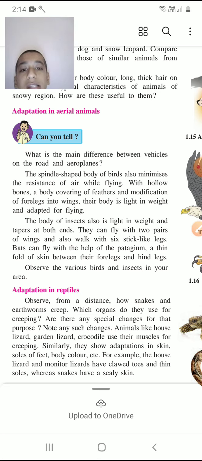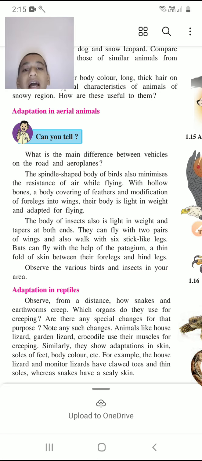The body is light in weight and adapted for flying. The body of insects also is light in weight and tapers at both ends. They can fly with two pairs of wings and also walk with six stick-like legs.